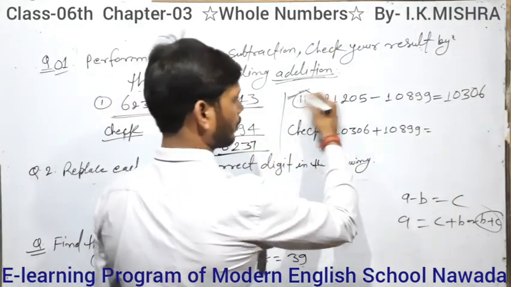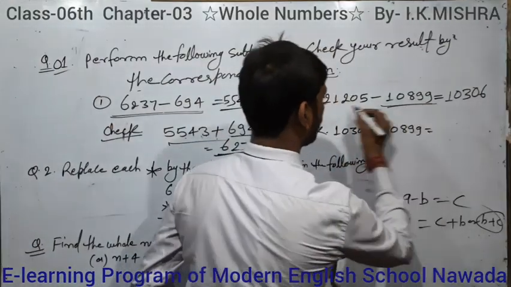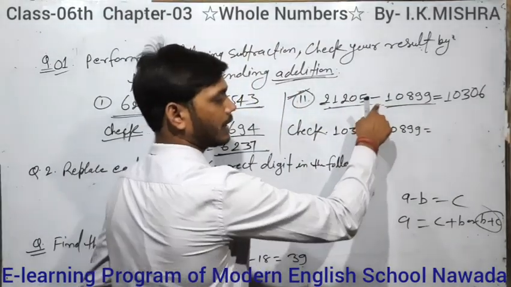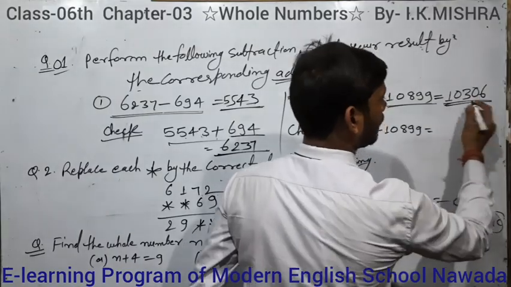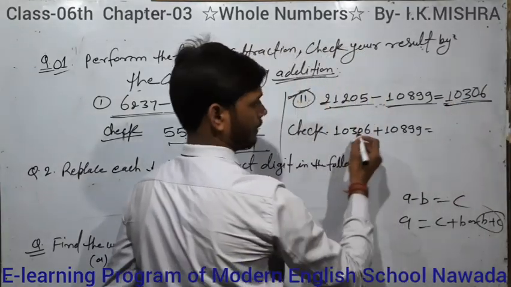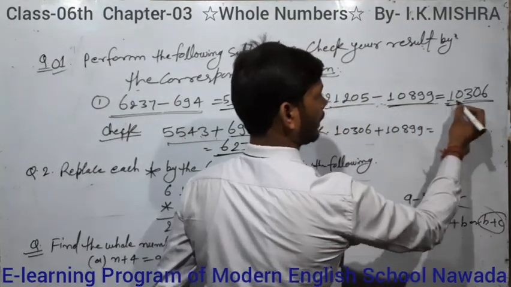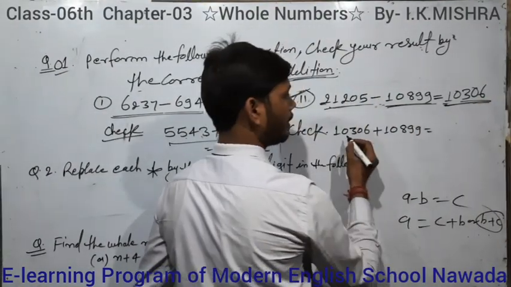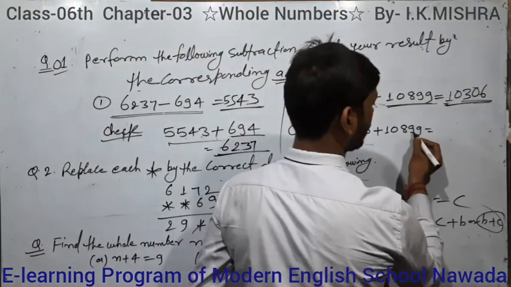Similarly, in the second question, subtract this number from it. When you subtract, you will get 10306, and when you add it, that means you add this into this, 10306 plus 10899.